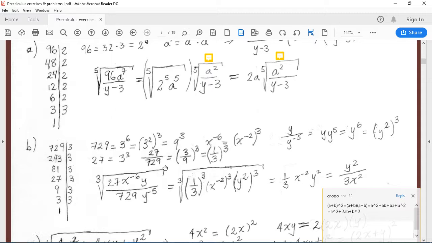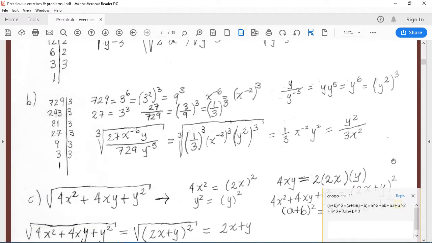So the cubic root of 27x^-6 y over 729y^-5 is then the cubic root of 1/3 to the 3 times x to the minus 2 cubed times y squared cubed, which leaves us with 1/3 of x to the minus 2 y squared, which is y squared over 3x squared.